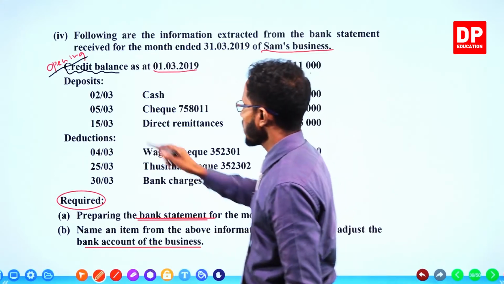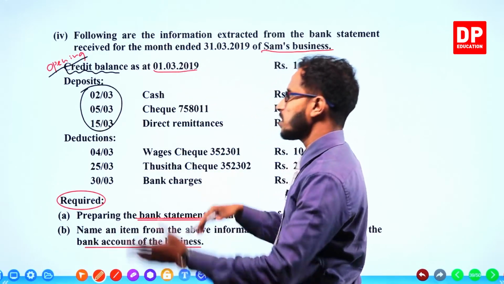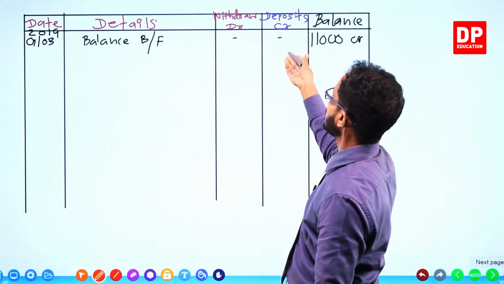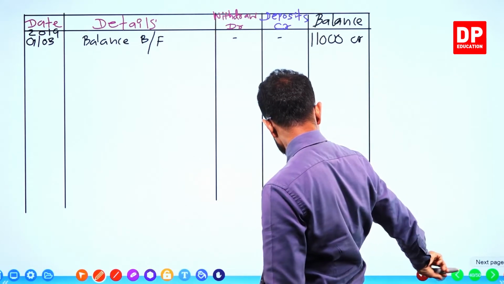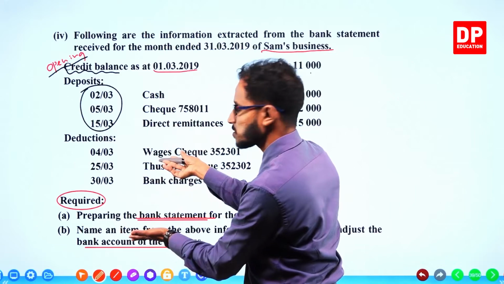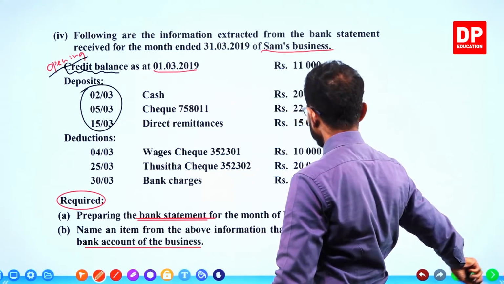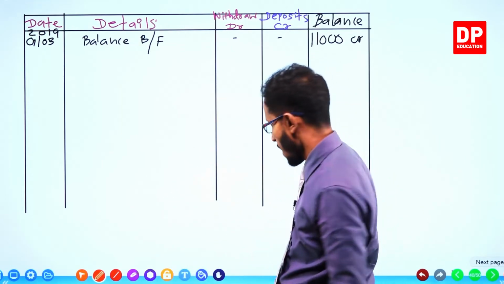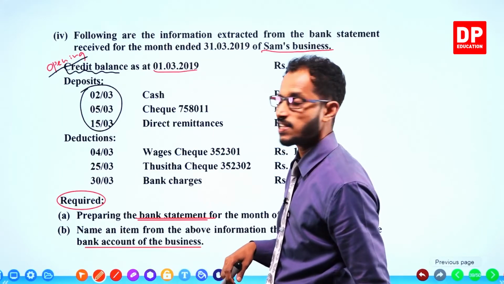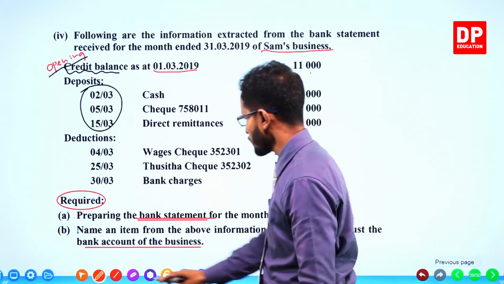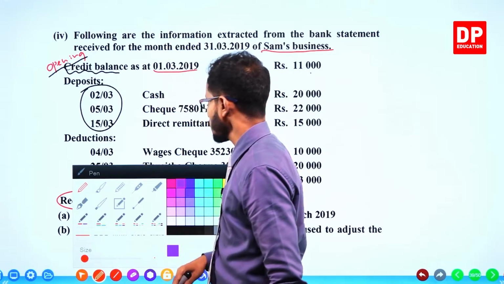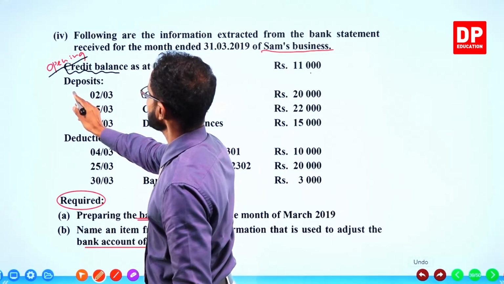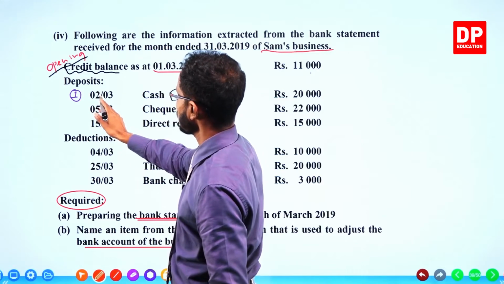Now, you can't directly record all the deposits into the credit column and all the deductions or withdrawals into the debit column. No, you can't do that. You have to go according to the date. So this is a little tricky. Let's number the entries according to the date. Number 1 is this, which happened on 2nd March.